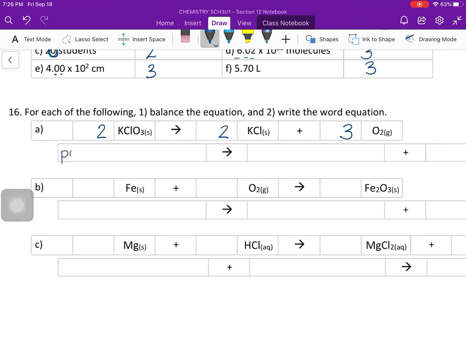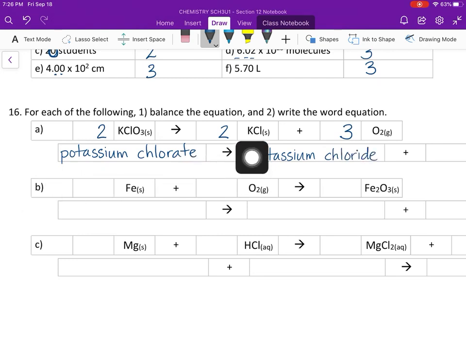So I have potassium chlorate. We will go over this naming. So that is going to decompose to become potassium chloride.